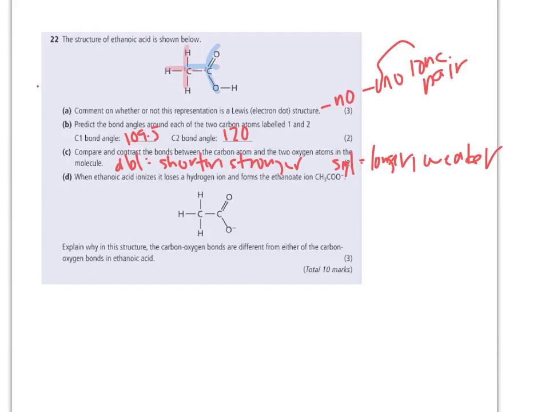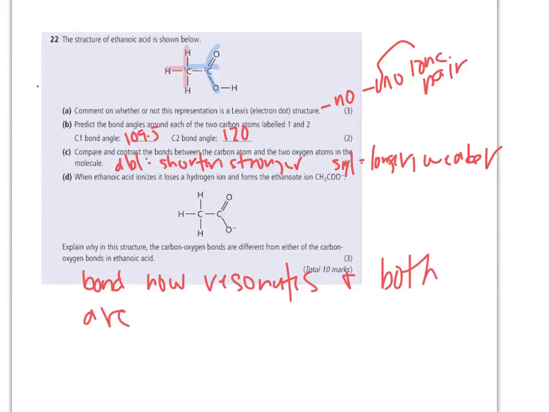And the difference is that the bond can now resonate. And both are more like a 1.5 bond. Neither one's a true single bond, and neither one's a true double bond because that extra pair of electrons is free to resonate between them.